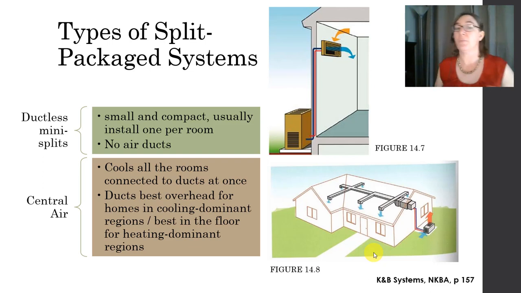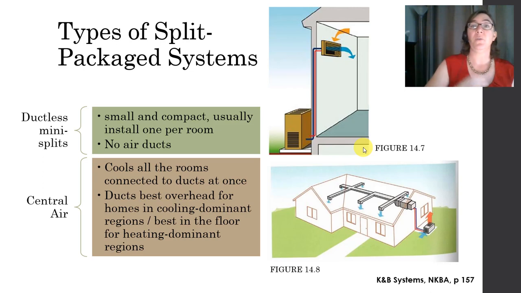It's going to cool all the rooms that are connected to this duct system at the same time. The ductless mini split right here, here's an illustration of it, is smaller and more compact, and you usually install one per room. You gain some space because there are no air ducts, but you do have to install more units.